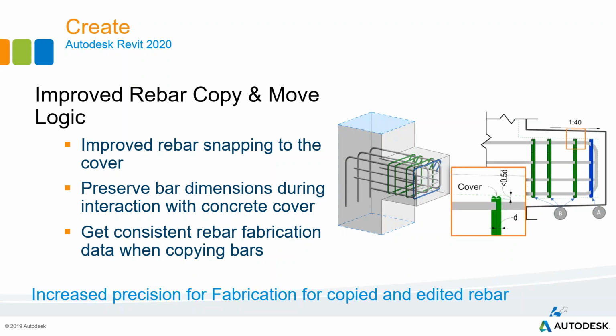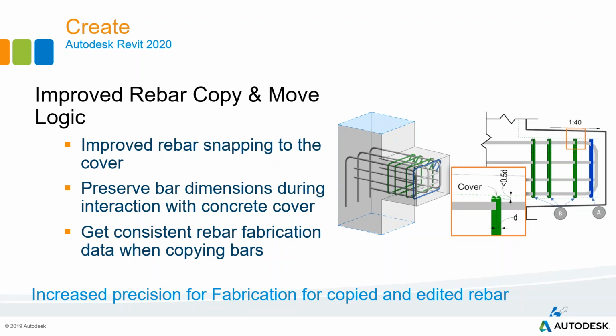When you manually select a constraint target, that constraint is set as preferred. If the constrained bar segment is parallel to that face, it will keep that constraint when moving the bar in the same host, even if that face is outside of the range of the bar. So when copying the rebar from one host to a similar one, it will automatically match the selected or preferred constraints from the target to the destination host.